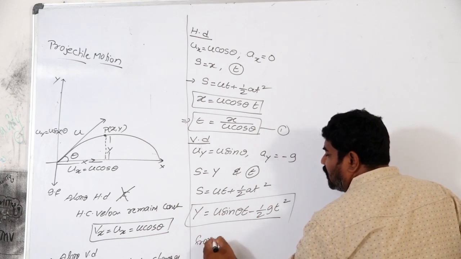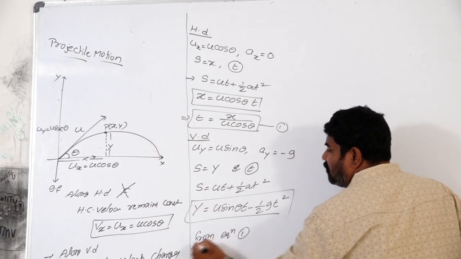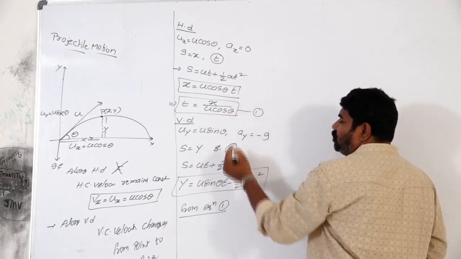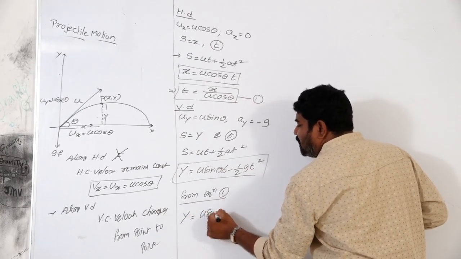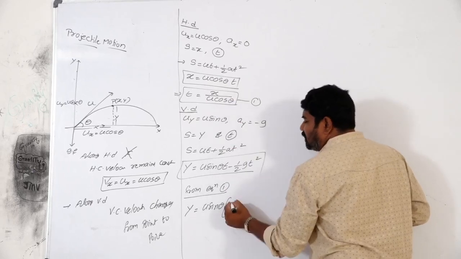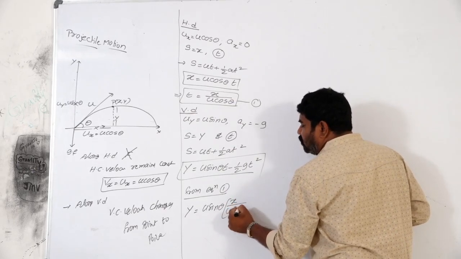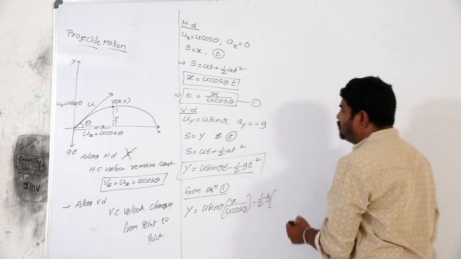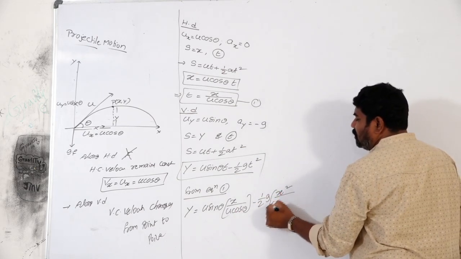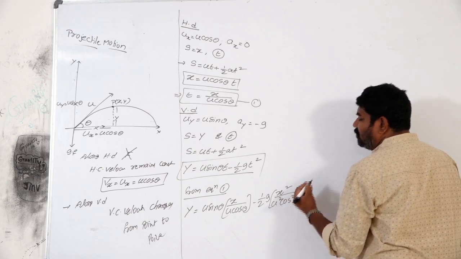From equation number 1, we are substituting the t value here. y is equal to u sin theta into t, which is x by u cos theta, minus half g into t square, which is x square by u square cos square theta.